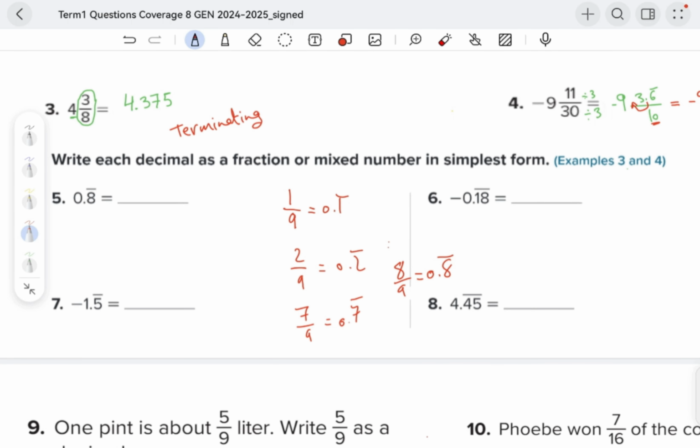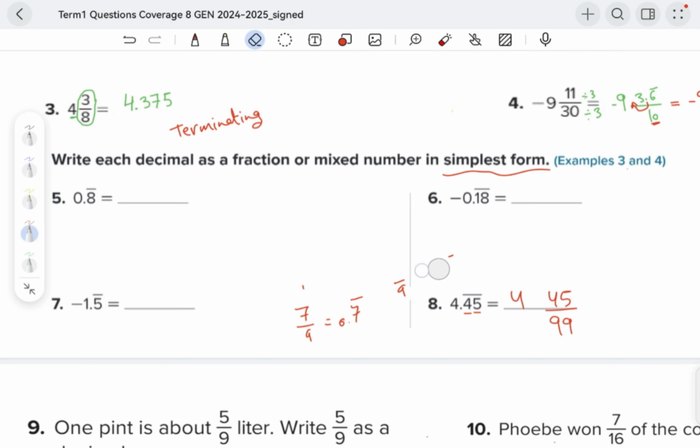So you can memorize that. If we have one repeating digit, it means that we have a division by 9. If we have two repeating digits, such as this example, it will be out of 99. So here, it will be 4 is the whole, and we have 45 in the numerator. Remember, we have to simplify and write it in the simplest form.